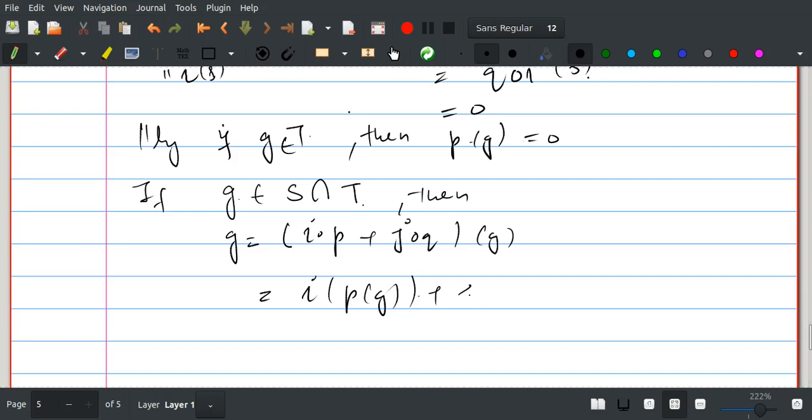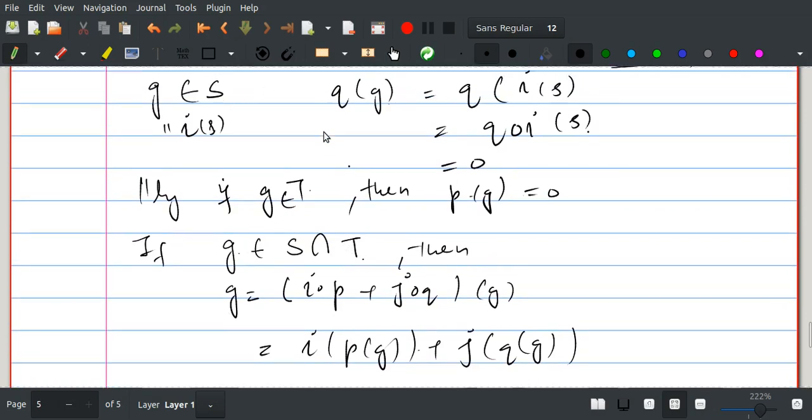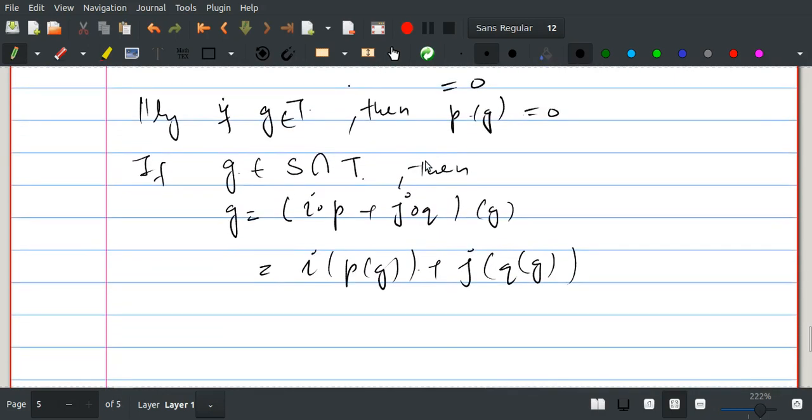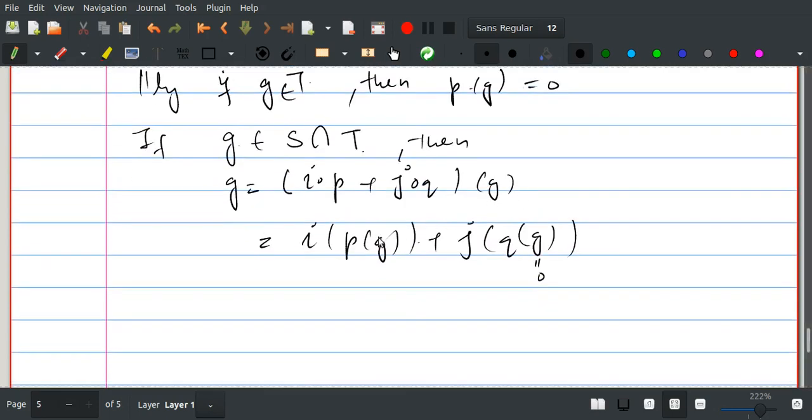plus J of Qg. Now if g is in this intersection, then g is in S as well as g is in T. Now if g is in S, in that case Q of g is 0. So in that case this element is 0 over here. If g is in T, in that case P of g is 0. So this is 0.